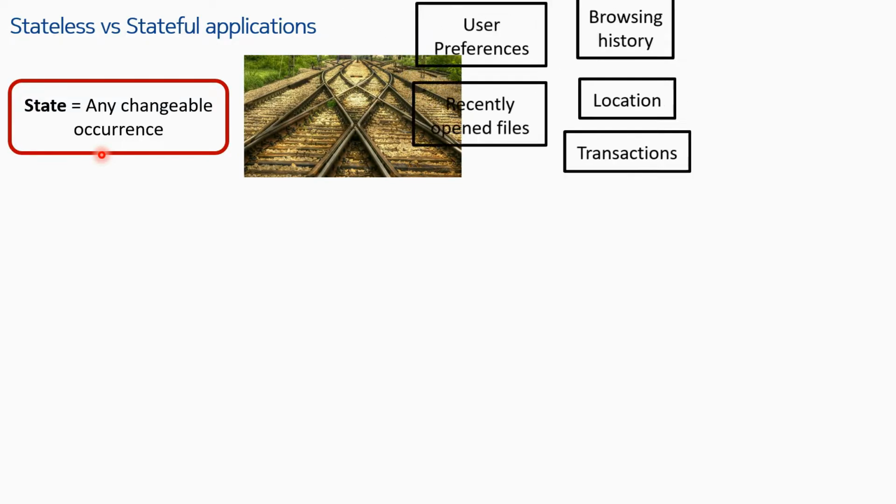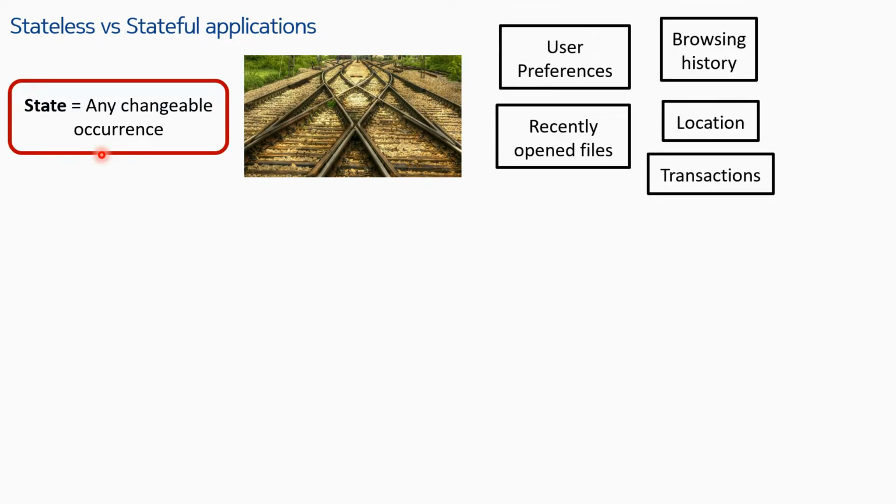For example, in the context of mobiles, laptops, computers and the internet: user preferences, recently opened files, browsing history, location, transactions. All these things are continuously changing, so all of them come under the category of state.